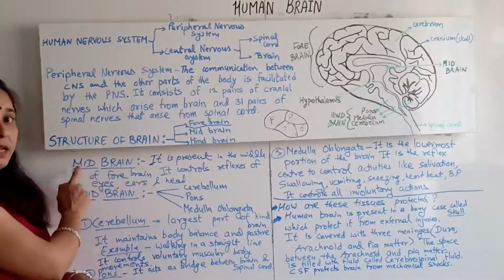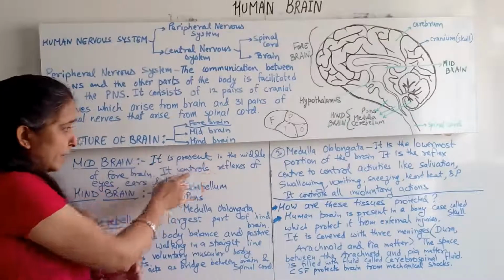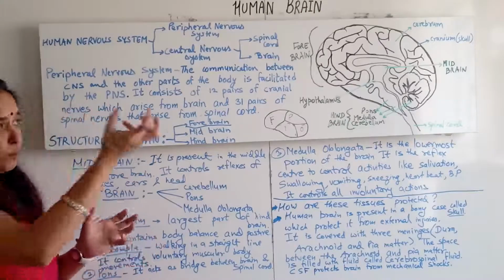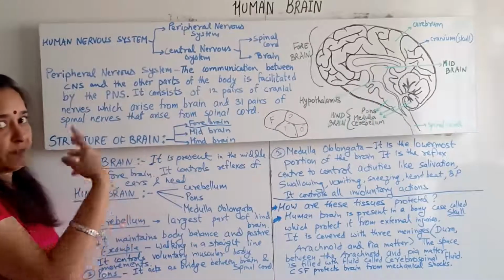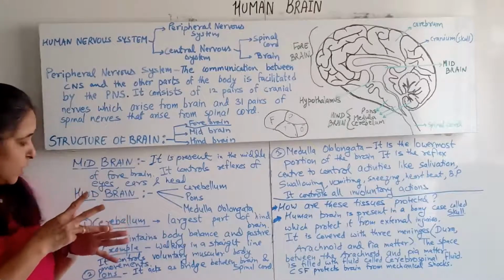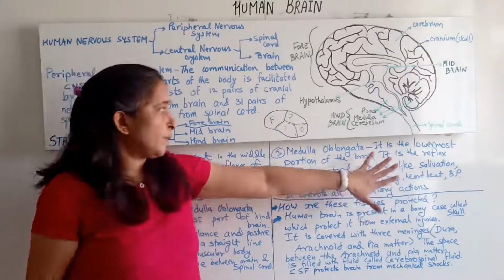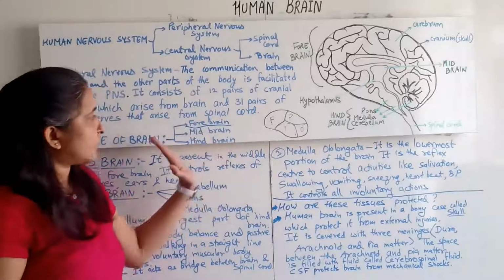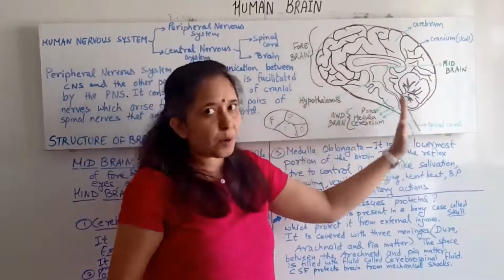Then the midbrain is the reflex center for eyes and ears, situated in the middle part of the forebrain. Then the hindbrain is divided into three: cerebellum, pons and medulla oblongata. We have studied all of them. This is all about the structure of the brain and the function of each and every part.